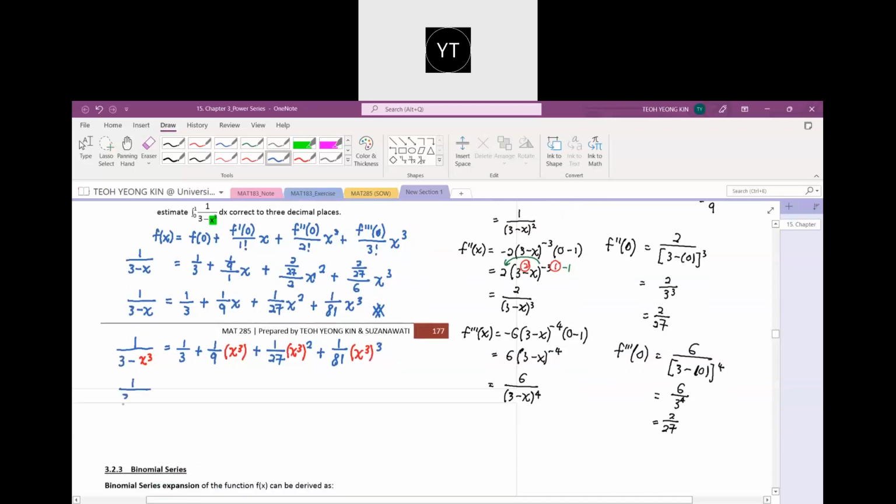So we try to simplify. 1/3 minus x cubed is equal to 1/3 plus 1/9 x cubed plus 1/27 x cubed squared, 3 times 2 is 6, x power 6, plus 1/81 x power 3 times 3 is 9. Then we integrate.